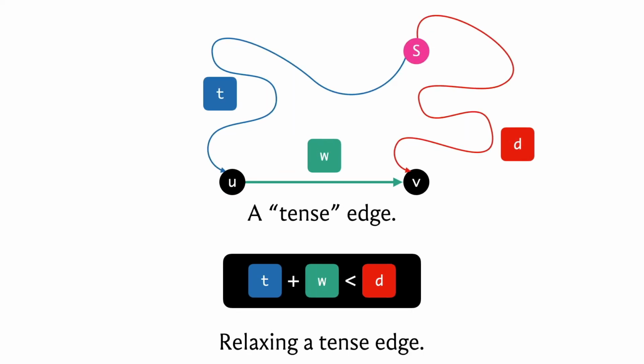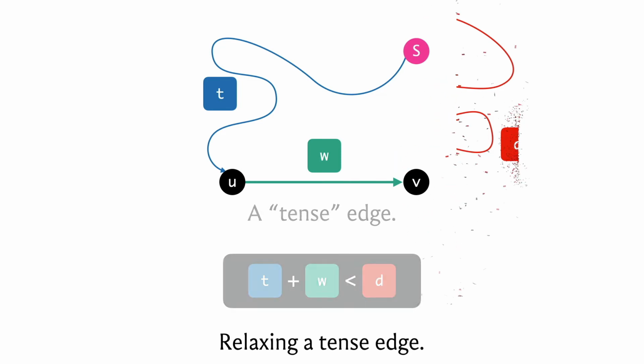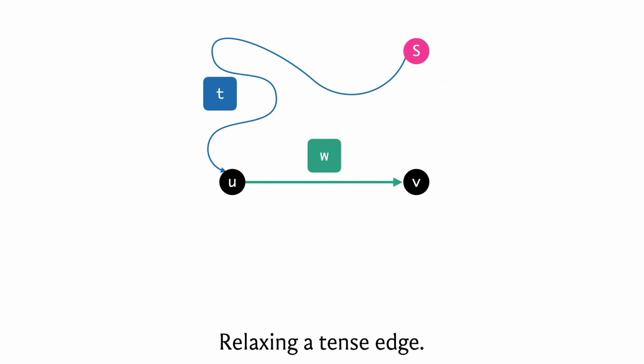Let's go back to this picture of what a tense edge looks like, and what we want to do is get rid of this old information that we have with regards to the distance of the vertex v. So d is clearly outdated and we can do better. So what we do is we update the value of the distance of v with t plus w, which is as of now the better way to get to the vertex v.